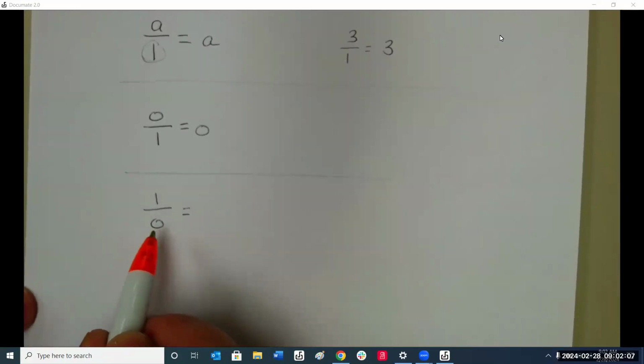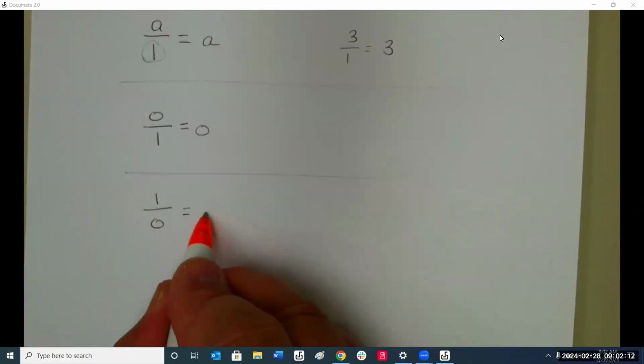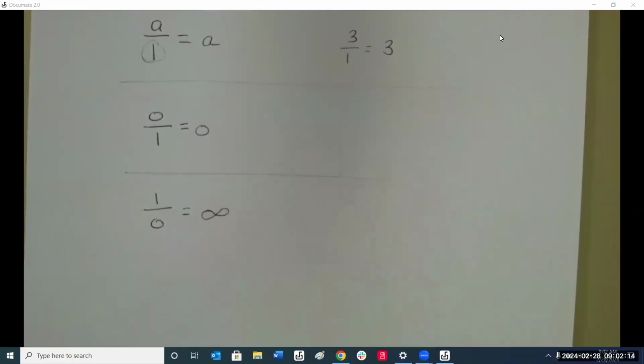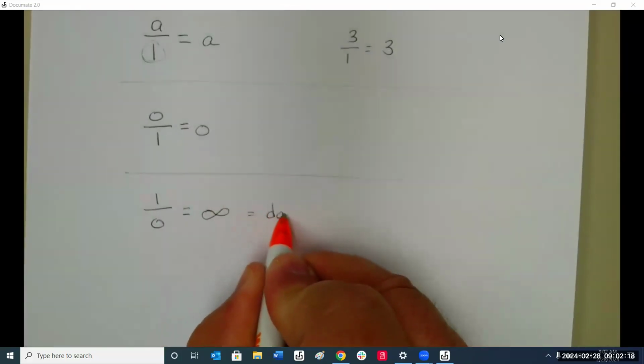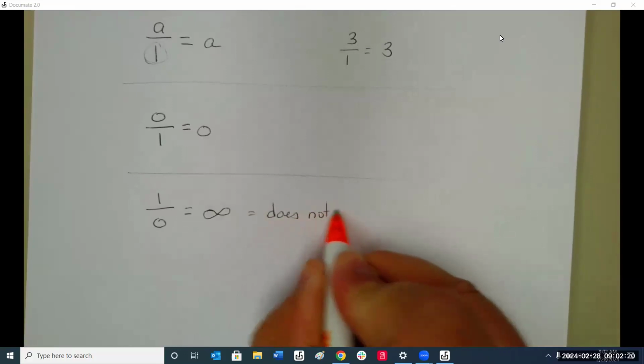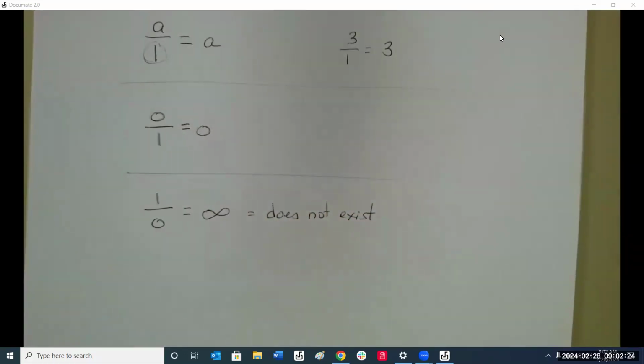How many ways can I give you nothing? Infinity. That's why we say does not exist. Because the number doesn't exist. It's infinity. I can give you nothing forever. And I promise to do that.